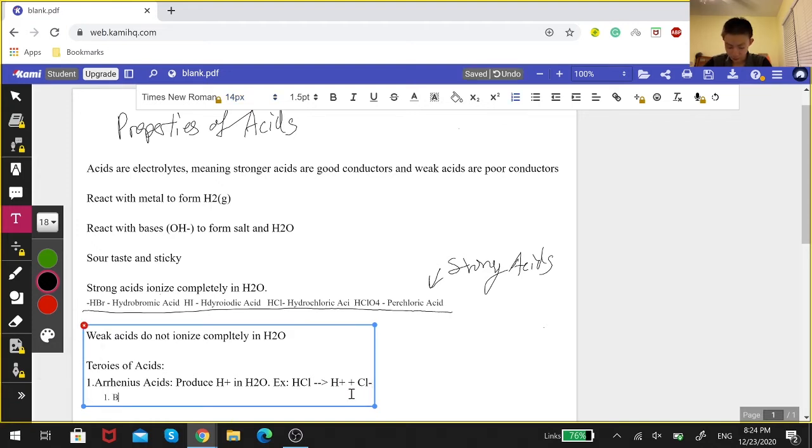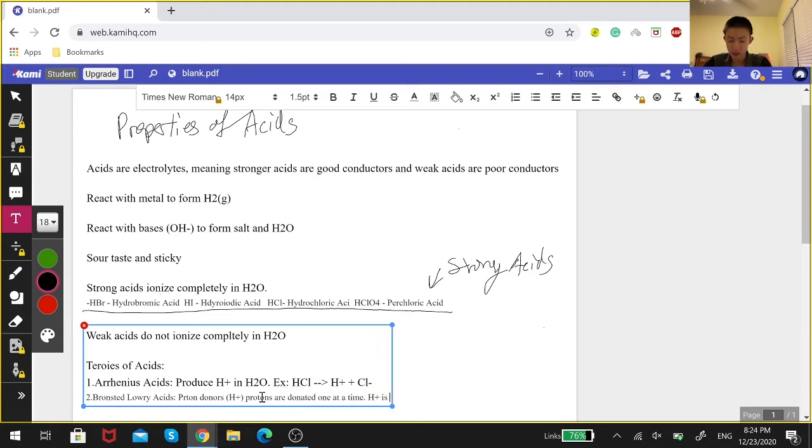Now, our second type is Bronsted-Lowry acids, and these are proton donors, meaning hydrogens donate protons. Protons are donated one at a time.